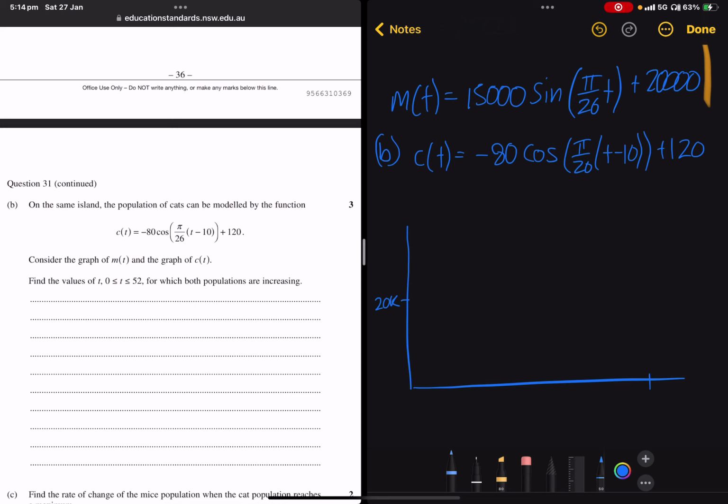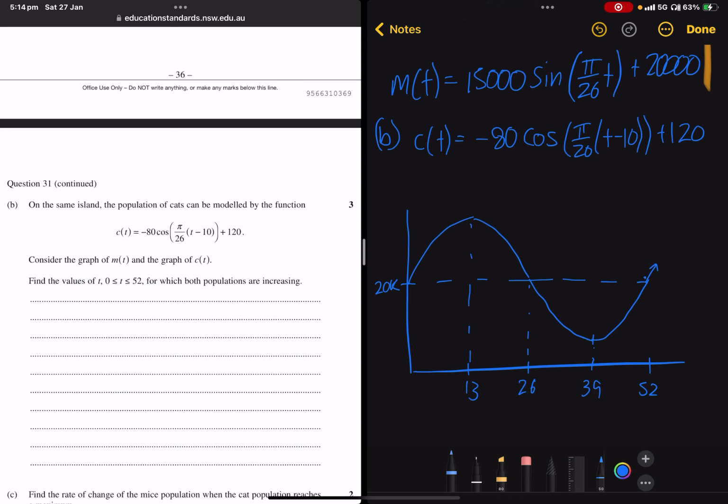So this is t is 52. It increases here, decreases here, decreases here, increases here. This is 39. This is 26. This is 13. So these are the points at which the function changes somehow.